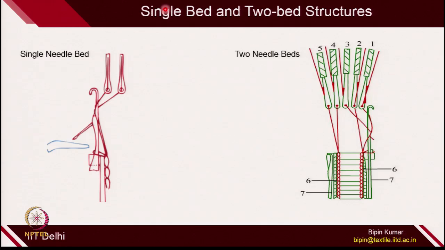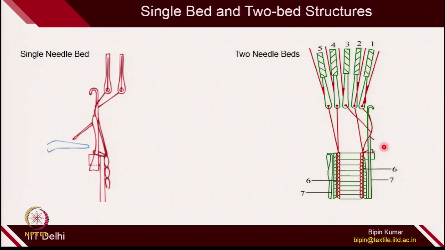Now, the other design principle is whether you are using a single bed or two beds. In single bed, only one set of needles is attached to one bed and different guides are providing yarn to that particular needle bed, but sometimes two needle beds can also be fixed facing opposite to each other.